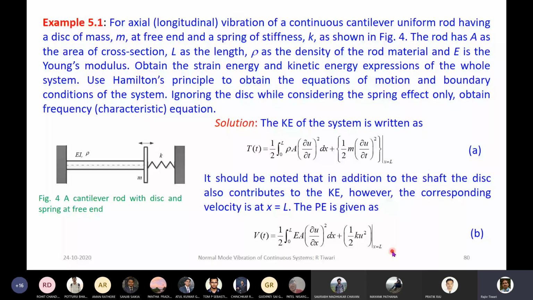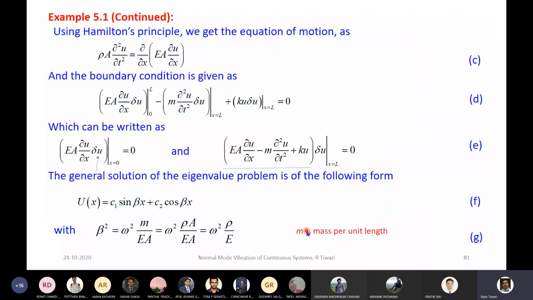Once we have the kinetic energy and potential energy, we can apply Hamilton's principle and get the equation of motion. Those steps I am skipping here. So the equation of motion will remain the same. The only change will be the boundary conditions because of these two, the spring and the rigid disk.